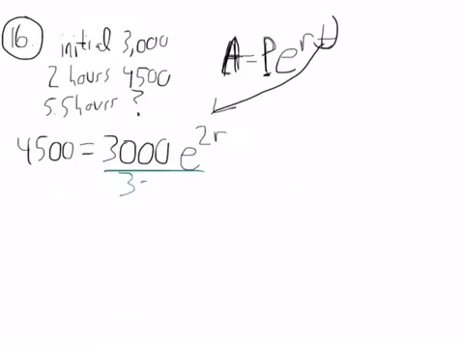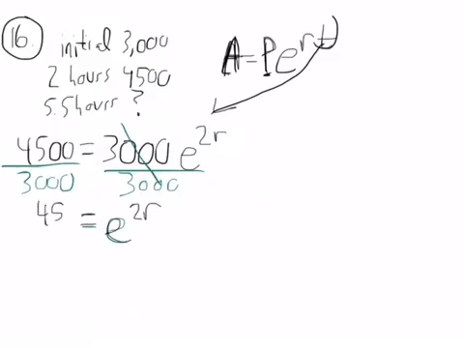So I divide both sides by 3,000, and over here that divides out. I have e to the 2r. And over on the left side, I have 4,500 divided by 3,000. You can leave it like that. I want to reduce it to 45/30ths, but you don't have to do that.